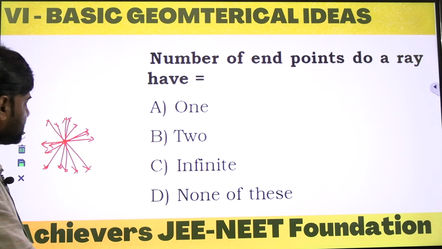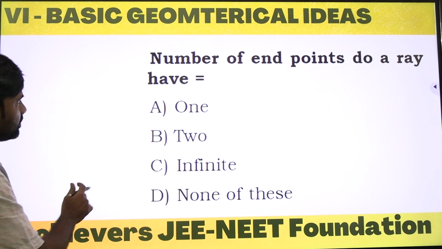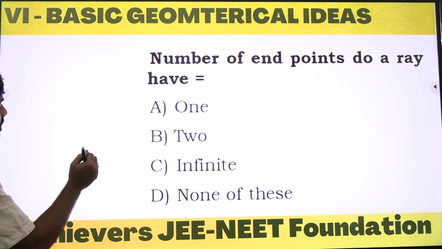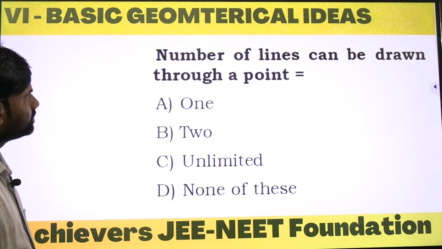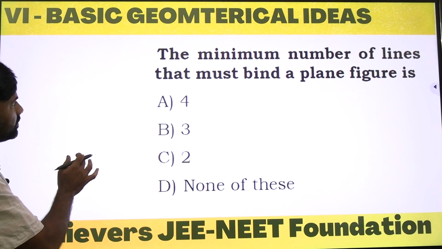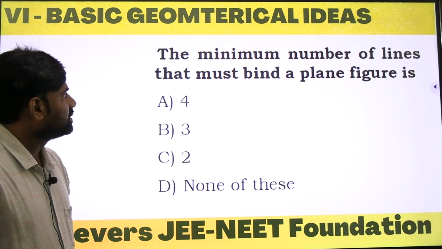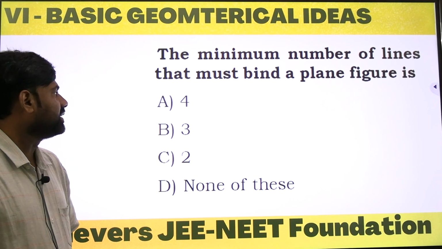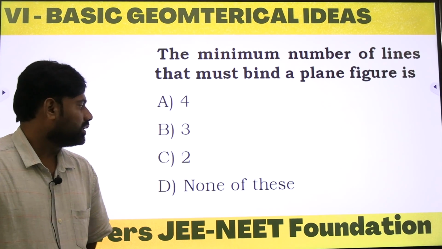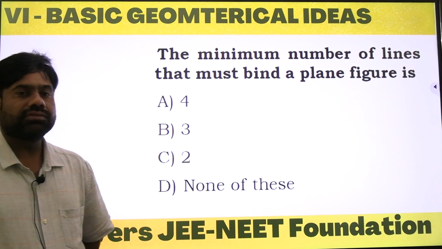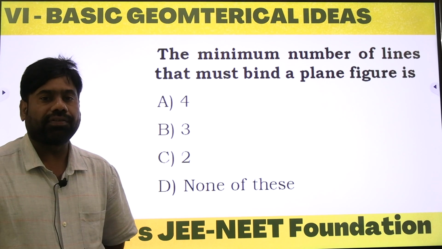Okay, let us go for next question. The minimum number of lines that must bind a plane figure is dash. Suppose with 2 lines, a plane figure cannot be formed.